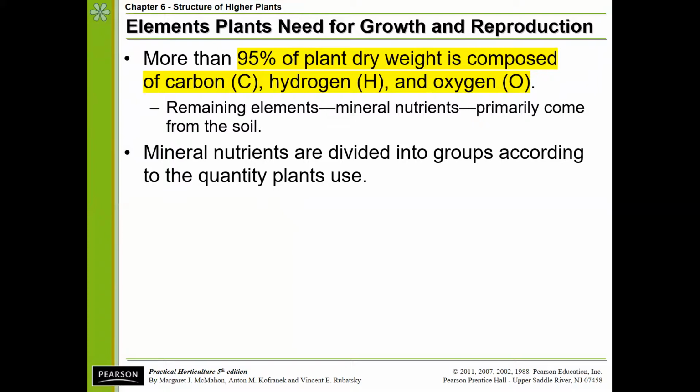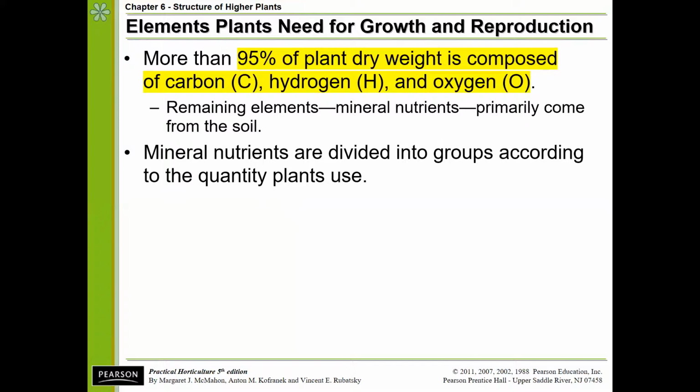The one thing I did want to point out here, though, is the error that I made. I put that the primary macronutrients listed on a bag of fertilizer are NPK, nitrogen, phosphorus, and potassium. And on the quiz, it incorrectly put carbon, hydrogen, and oxygen on there.